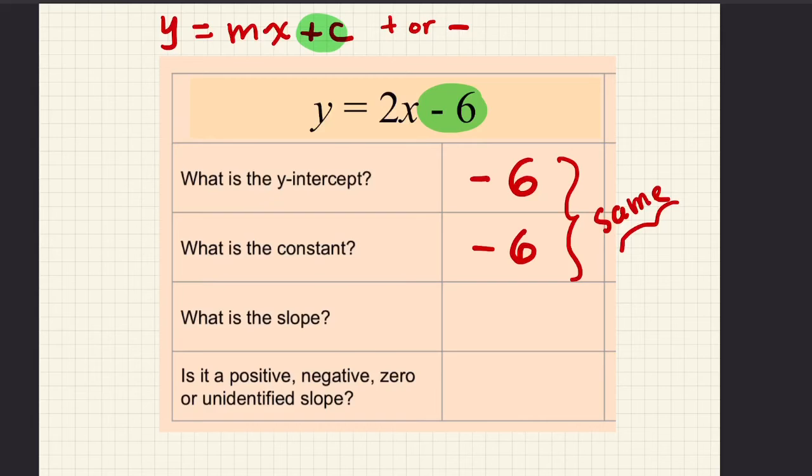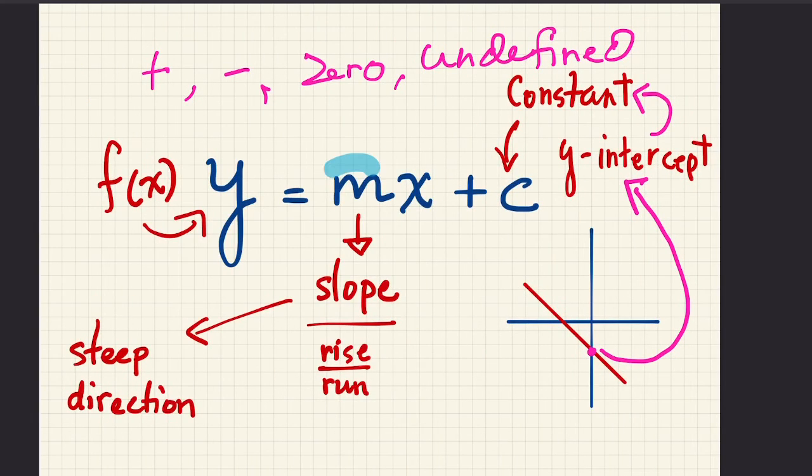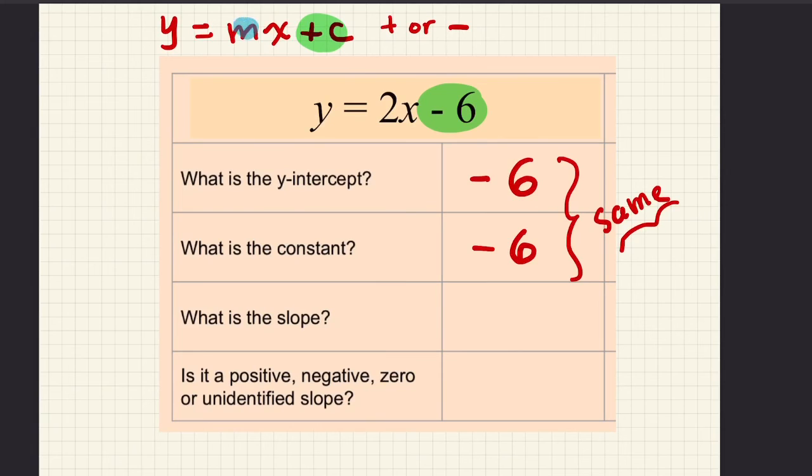What is the slope? Now let's look back at our equation. From here, we know m is the variable that represents the slope. So there's the slope and there's the slope, because the slope is the coefficient of x. See all the terms we studied in algebra?